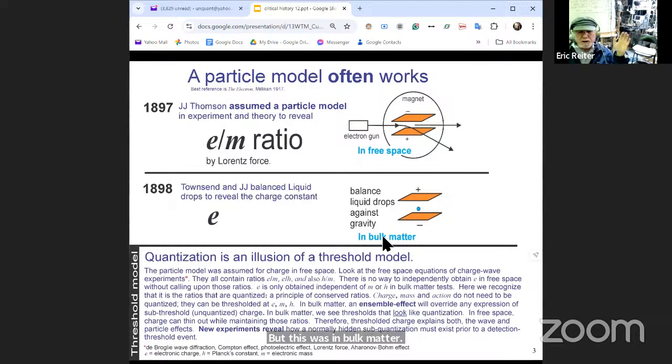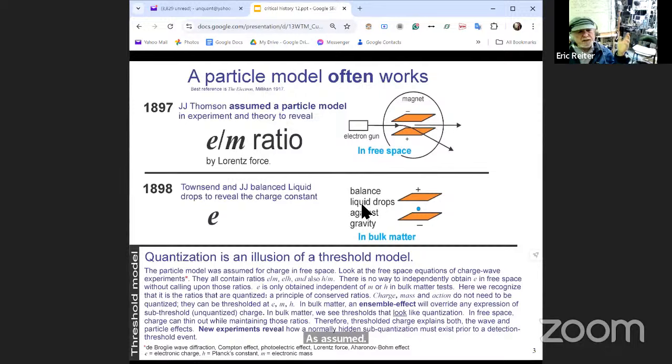I'll be pointing out that it makes a difference how you look for the charge constant, whether in matter, in bulk, or in free space. You can see in my theory later, I'll explain it's possible to understand that the charge is a maximum, a threshold, and that it's not quantized as assumed in this pair of experiments.